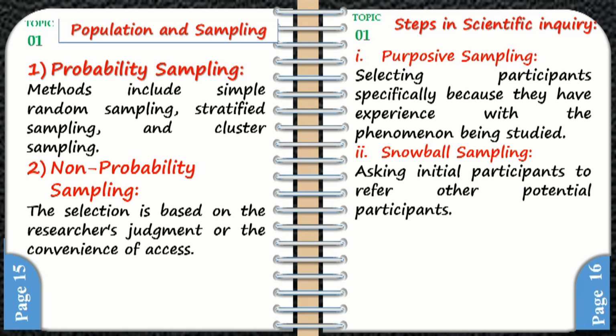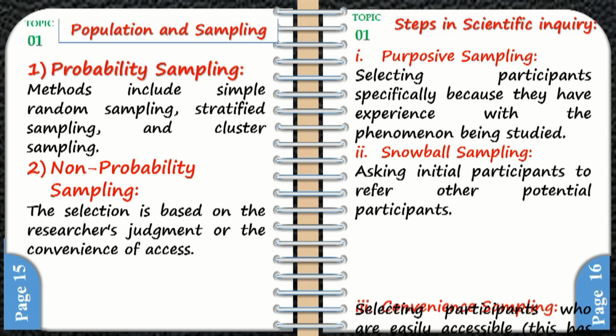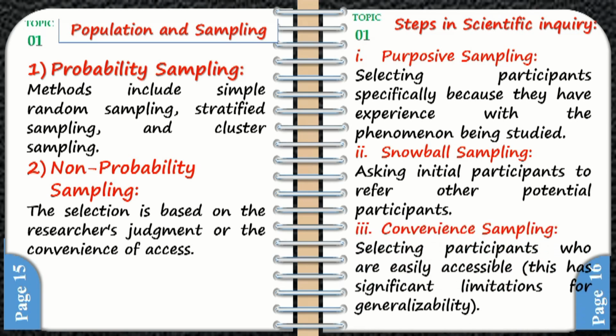After you have finished with one participant, you ask them to refer you to any other person in that locality who has also been in the same problem. So there is a referral system. Somebody refers you to the potential person who qualifies to participate in the study.